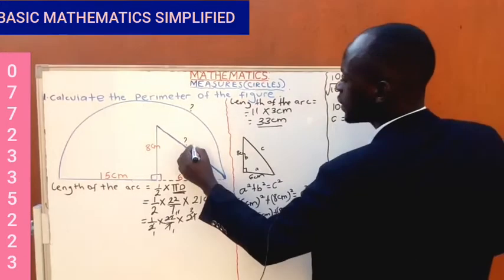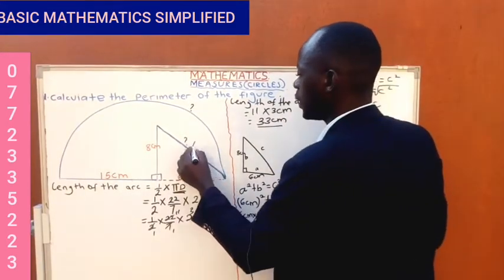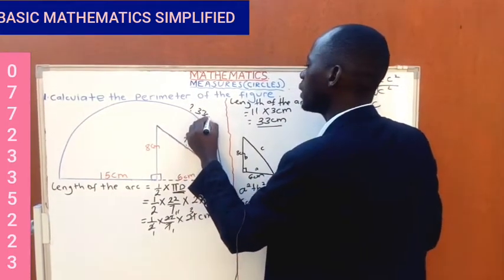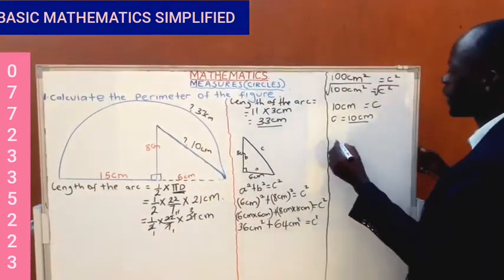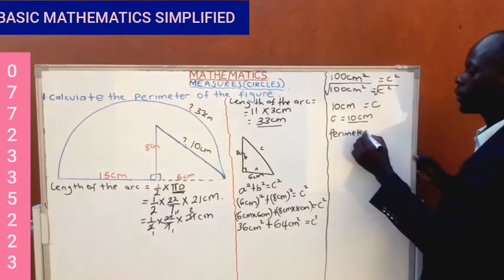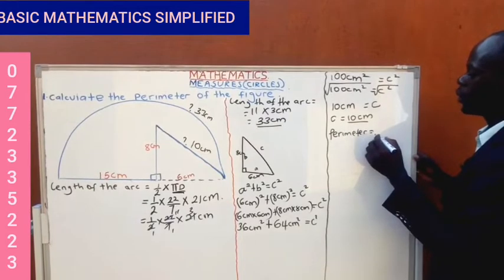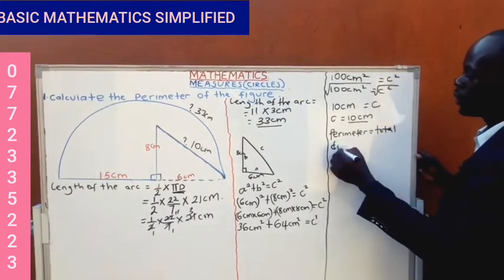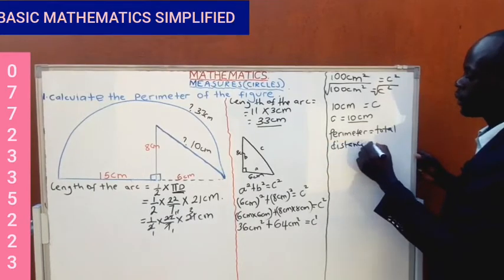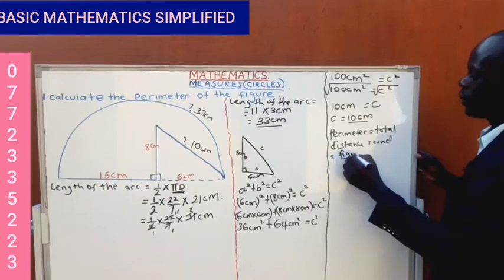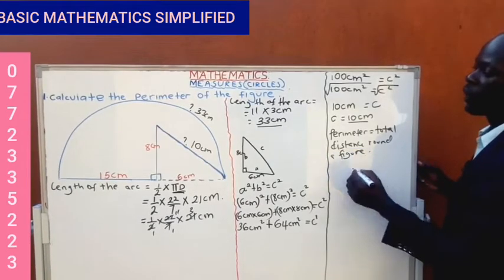Now we have this length as 10 centimeters, and we have that one as 33 centimeters. But remember we said the perimeter equals the total distance round a figure. So we are going to add.